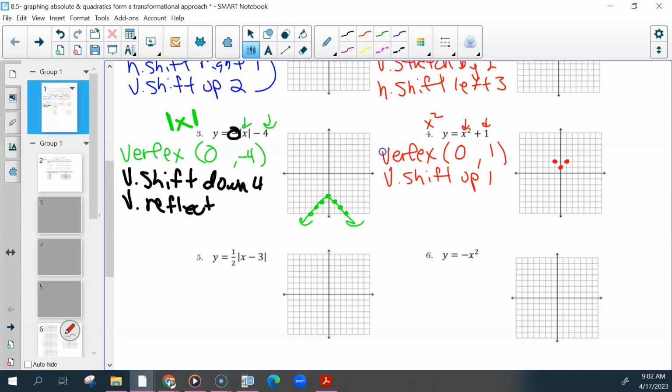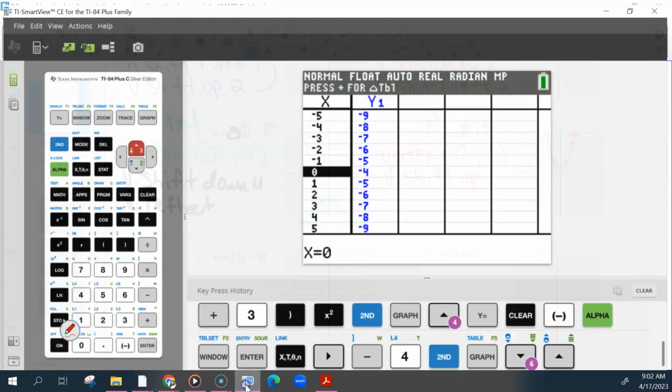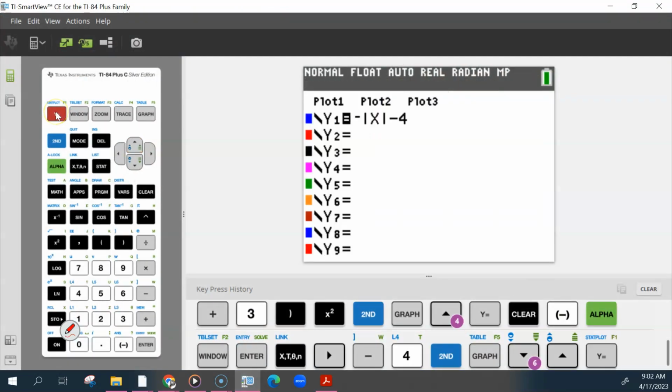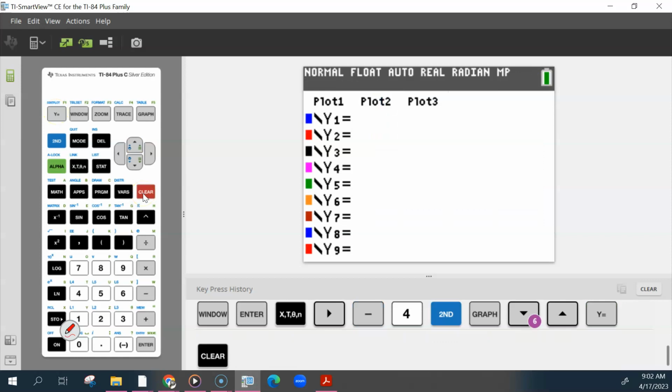Right two, up four, left two, up four. I'm going to graph that so we can double check that it's right.